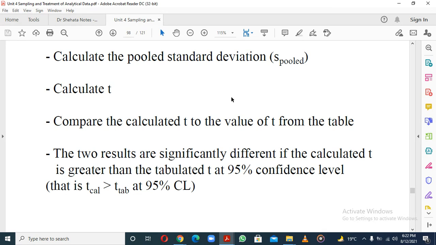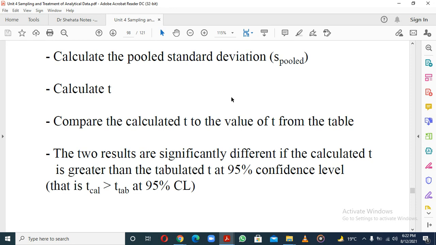And if the t value that we calculated is greater than the one that is tabulated on the t-test table, then the two results are significantly different. In other words, that casts a lot of doubt on the validity, or rather, on the reliability of the results that you've gotten.